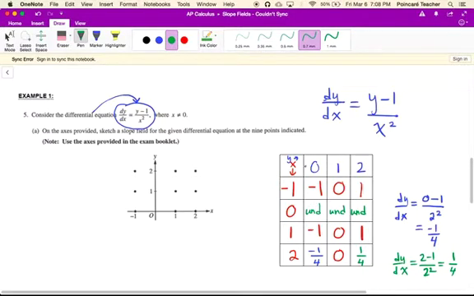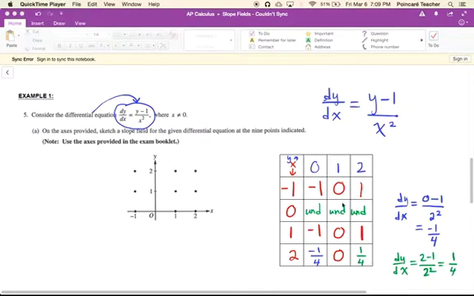So now we have the whole chart filled in for a set of x values and y values. And then what you do from there is go to each point and graph the corresponding slope. So these are all the slope values.